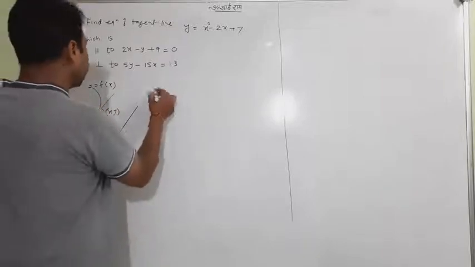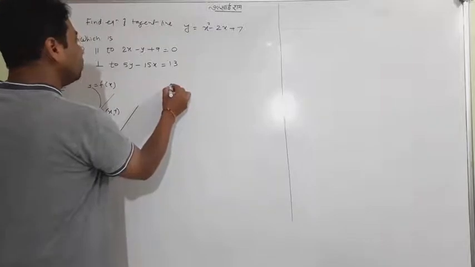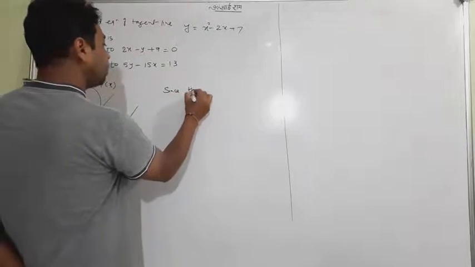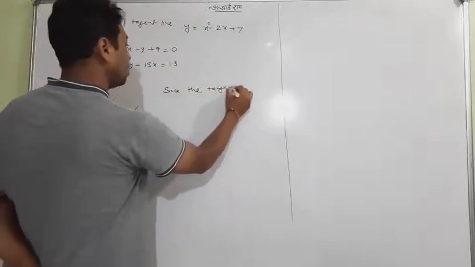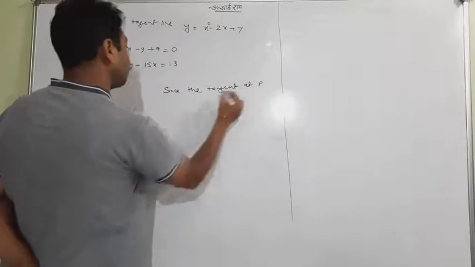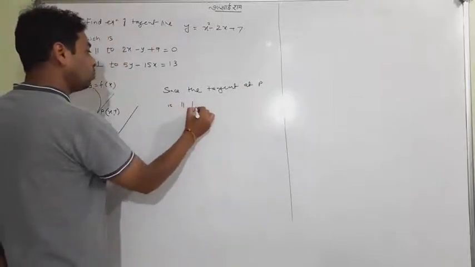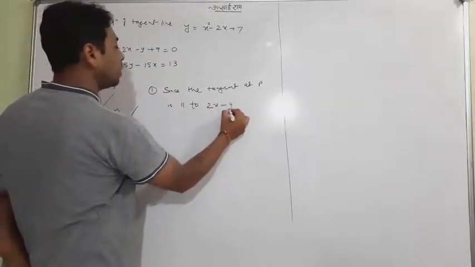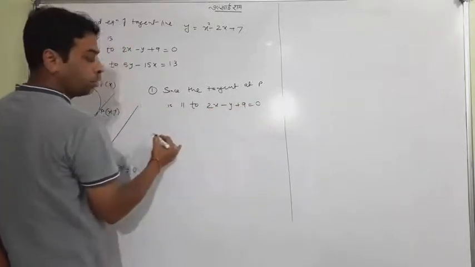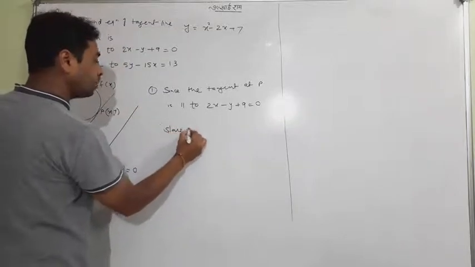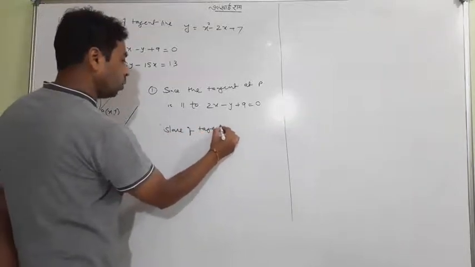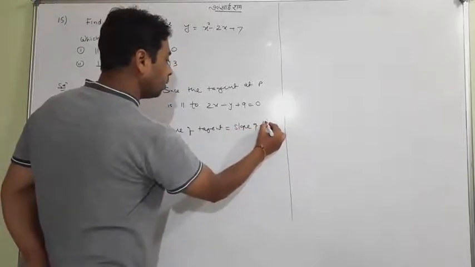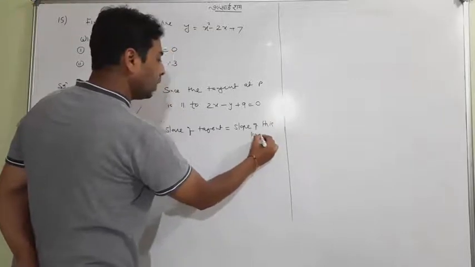How is that so? Look, I tell you. I will write first here that it's given that since the tangent at P is parallel to 2x minus y plus 9, the slope of the tangent and the slope of the line are equal.